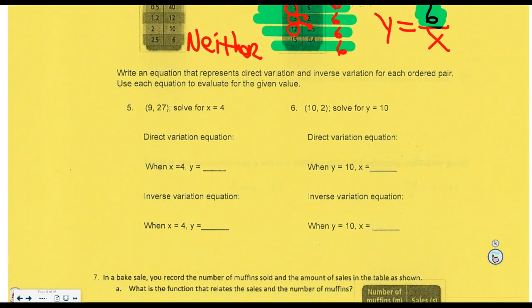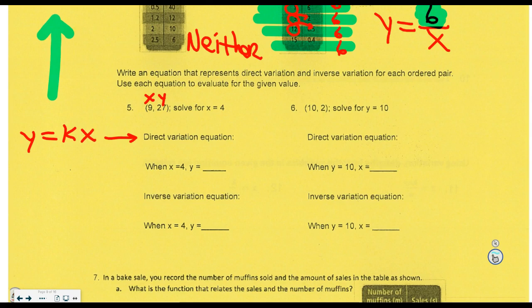All right, are you ready? So this is x. Go ahead and write that. This is y. It says that we're supposed to do a direct variation. So you're going to look over here in the direct. And what did you write on your paper? Y equals k times x. Okay?